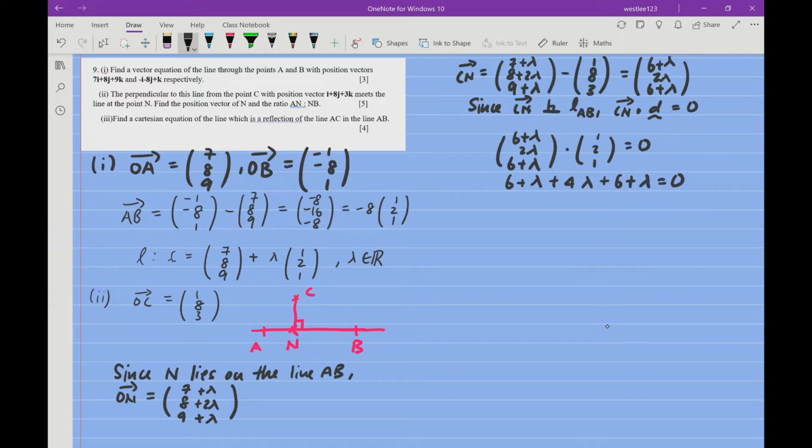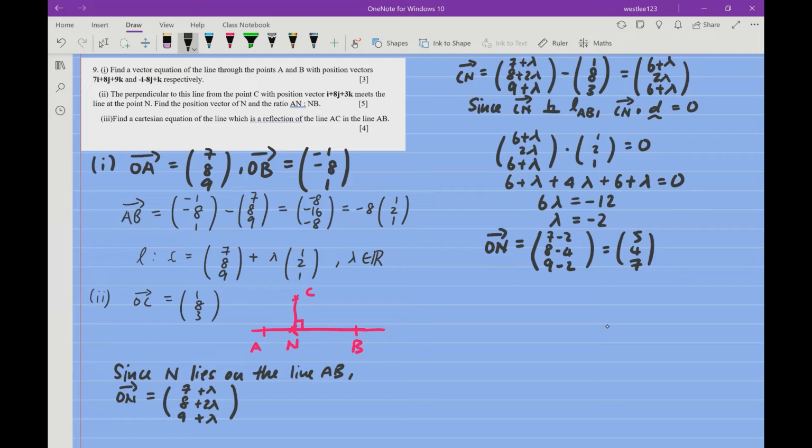Grouping all the lambda terms together and bringing all the constants to the other side, you have this. All right, so lambda equals -2. So with this lambda, we can find the position vector of ON. ON equals 7 plus lambda, 8 plus 2 lambda, 9 plus lambda. So we have 5, 4, 7.